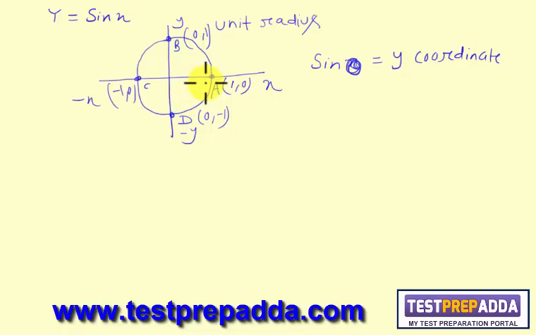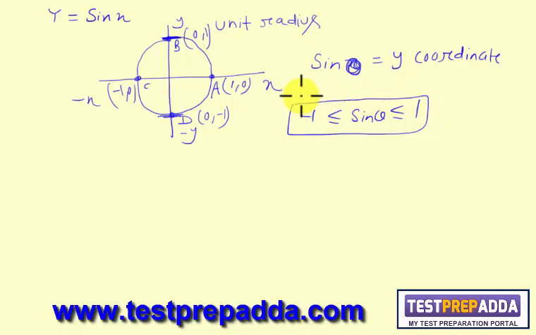And if you check here, the maximum value is 1 and the minimum value is minus 1. So this y coordinate lies between minus 1 and plus 1. So this sine theta lies between minus 1 and plus 1.